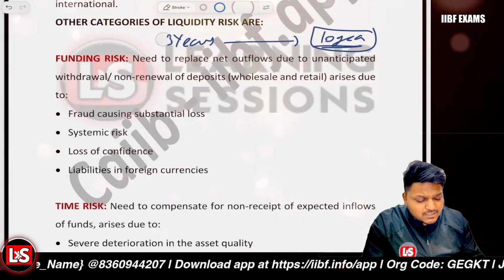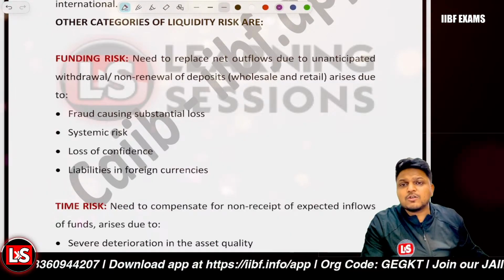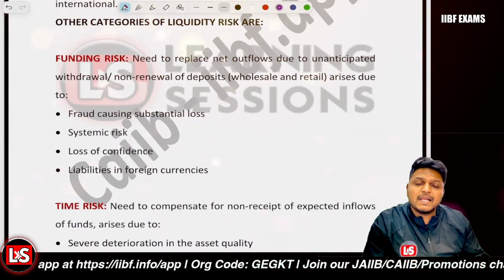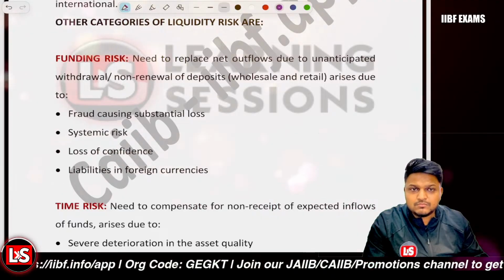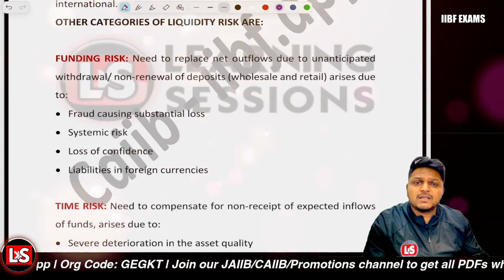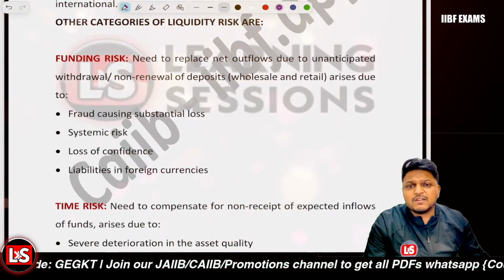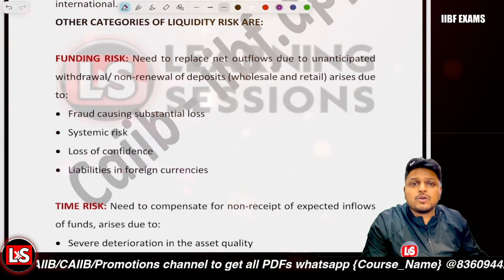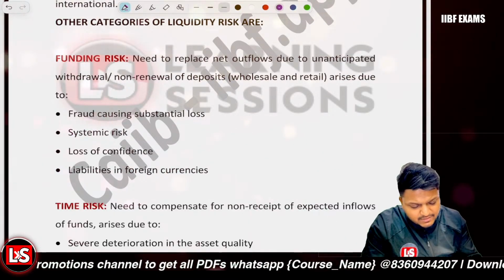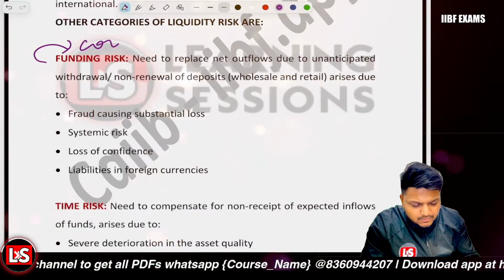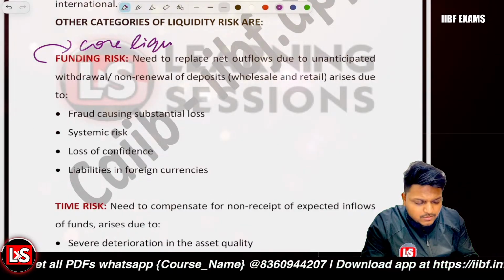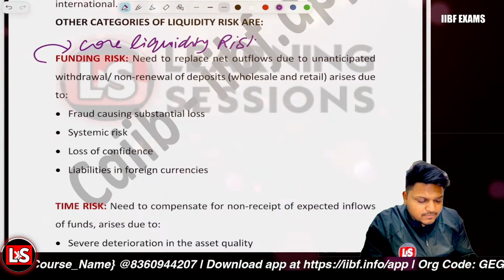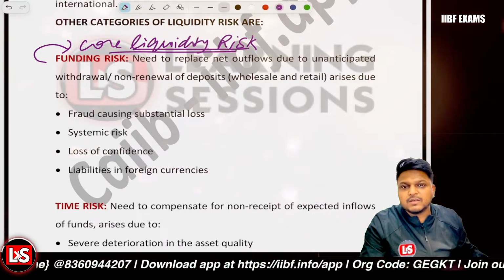So funding risk is basically the inability of the bank to replace the net cash outflows when the liabilities fall due. And this is a core liquidity risk, right?